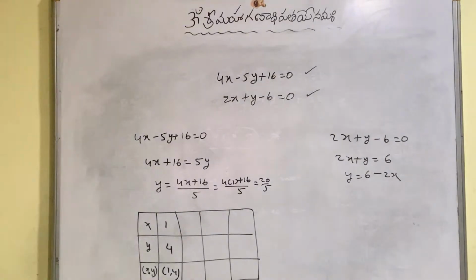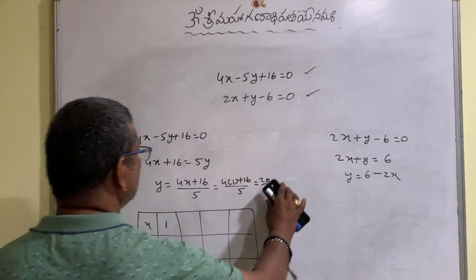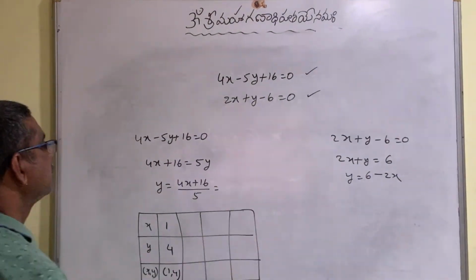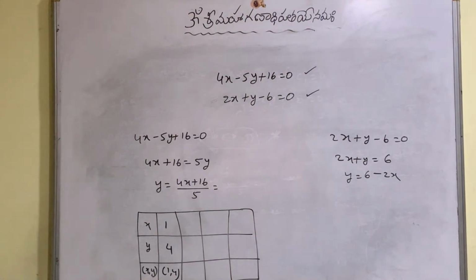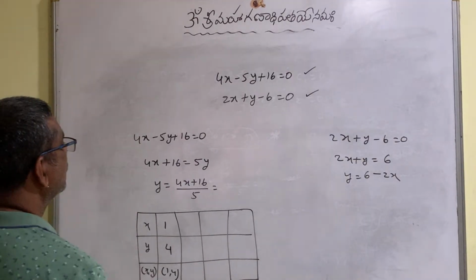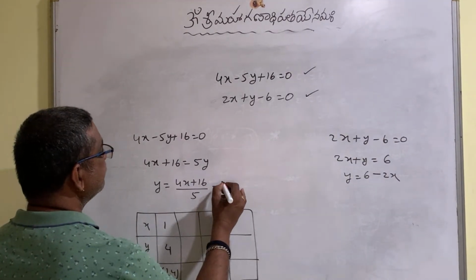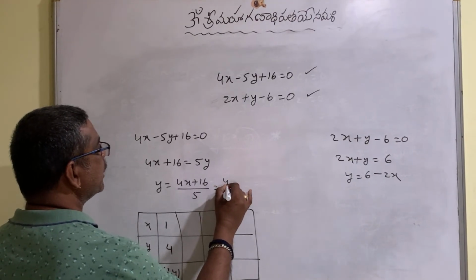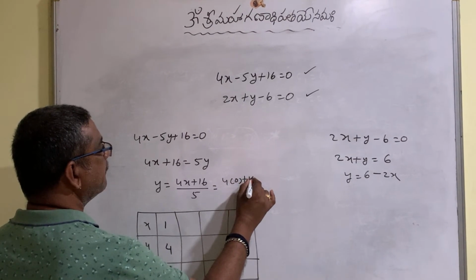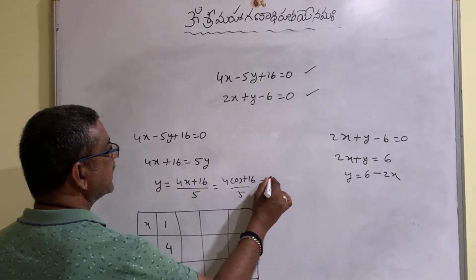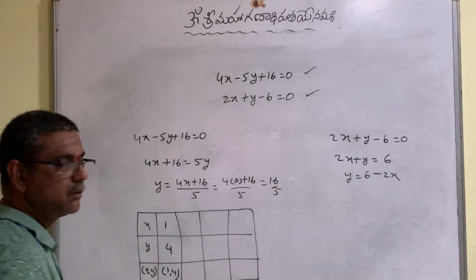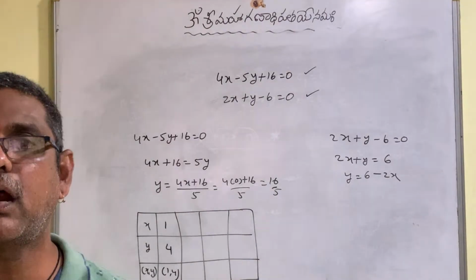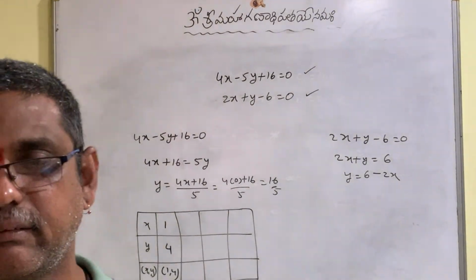Now, if you give x as 0, you will get 16 by 5, but 16 is not divisible by 5.